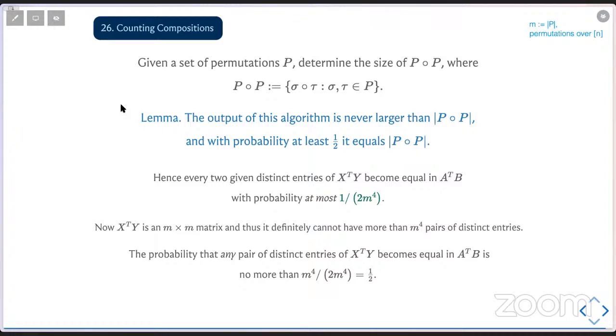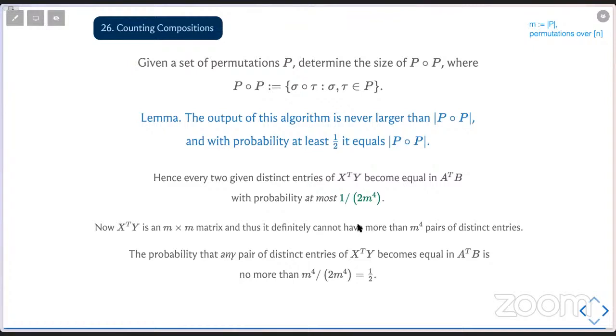We are adding up the probabilities of the bad things happening and saying that the overall bad event happens with probability at most 1/2. So the good thing, that no collapses happened at all, happens with probability at least 1/2.